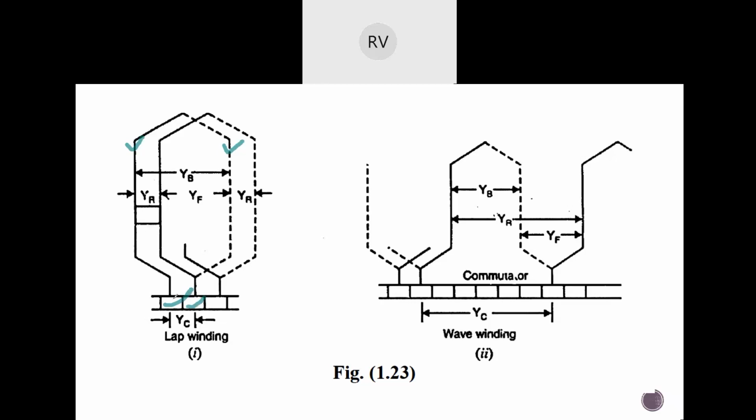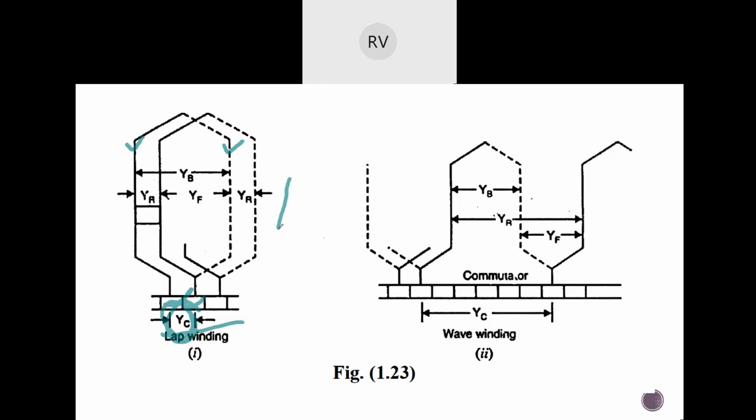So we will have only one segment as the difference between these two. So YC, the commutator pitch for lap winding, is 1.